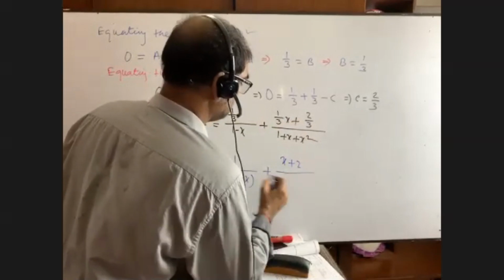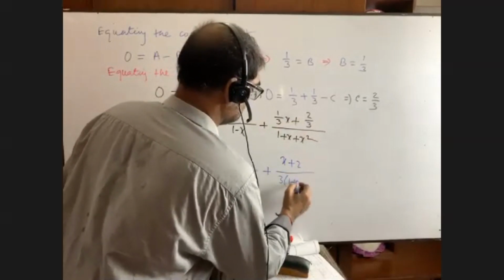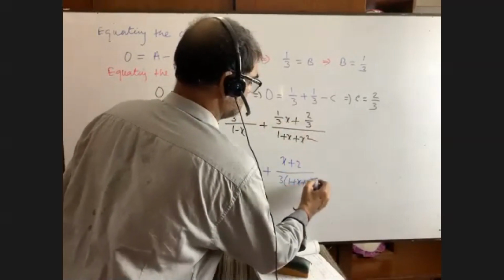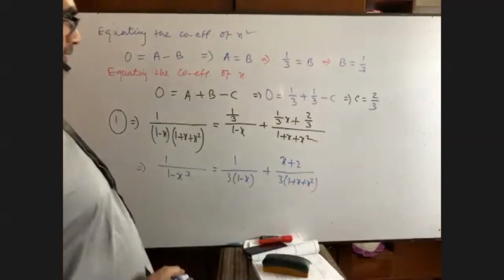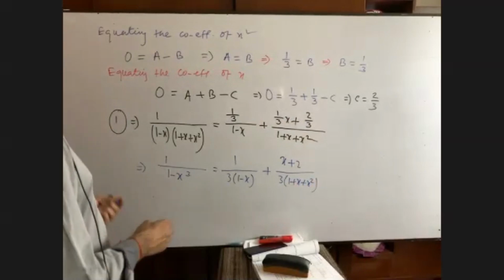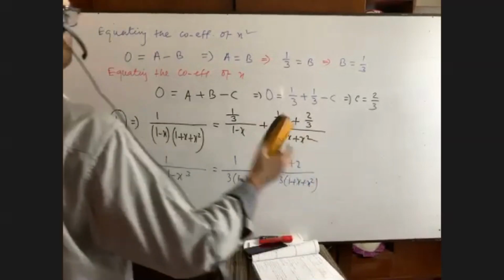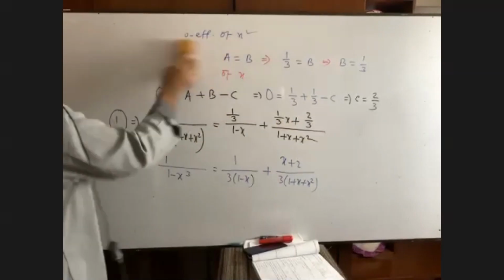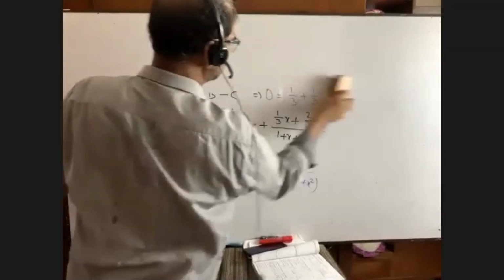X plus 2 by 3 into, okay, now it is our answer. You can verify because answer is not given in the book. You can verify the right hand side. It will take only 30 seconds to verify.